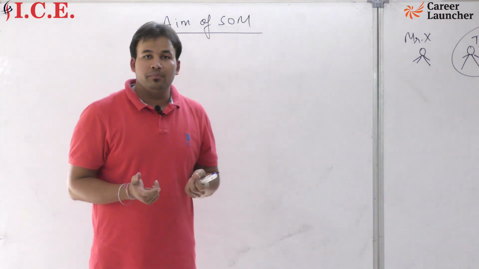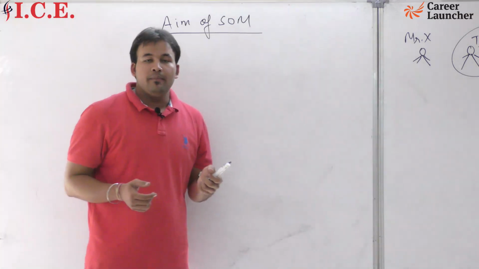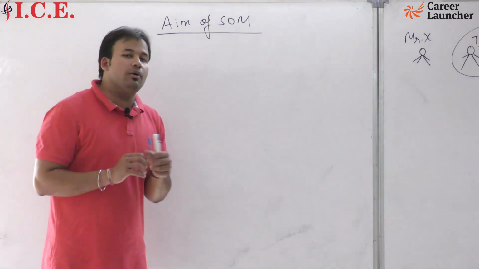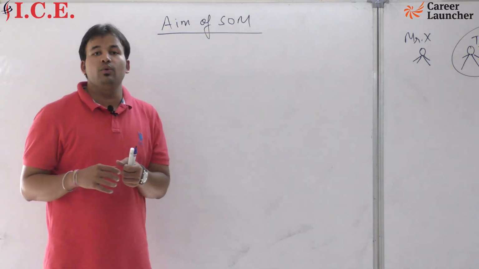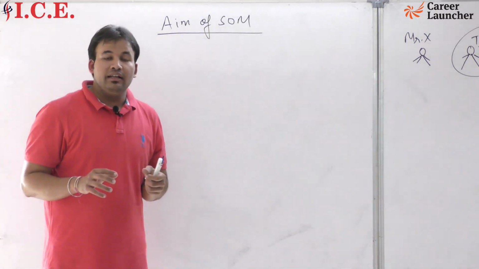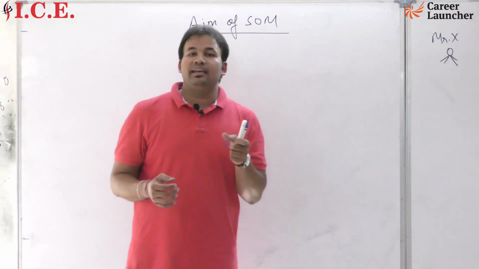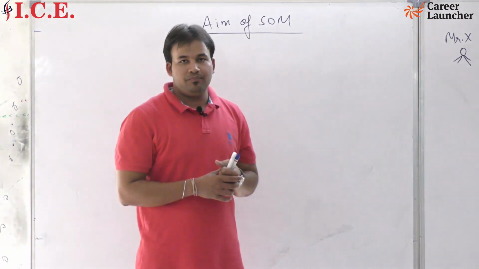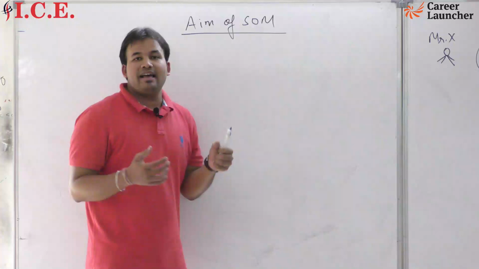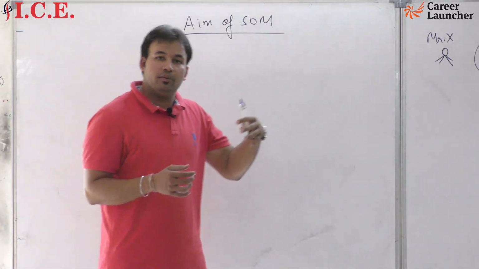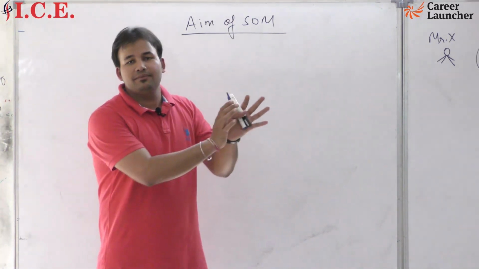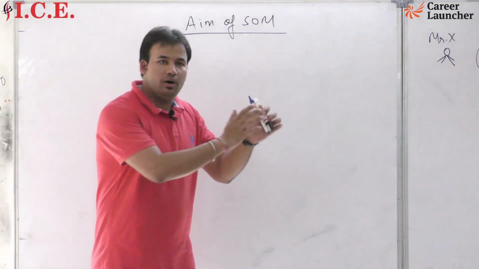Why? Because we know that if we want to design any object, then first of all we should know the value of maximum stress acting on that object. Once we have the maximum stress acting on that object, then accordingly we can save the material or we can save the object.